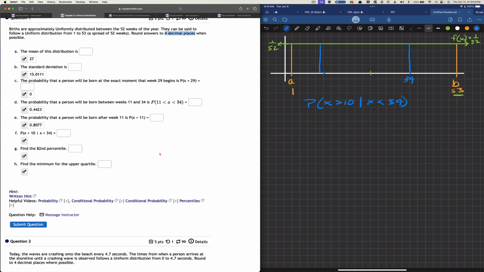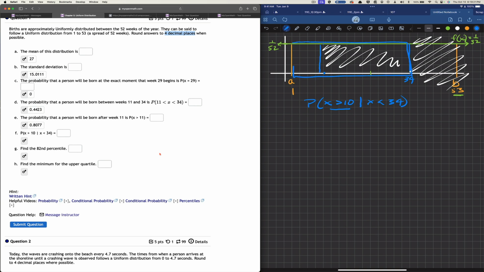It's saying what's the probability of x is greater than 10 when we already know that it's less than 34. So it's almost as if this part of my rectangle doesn't exist. So we really are trying to find what is the percentage of this rectangle compared to this blue bordered rectangle.